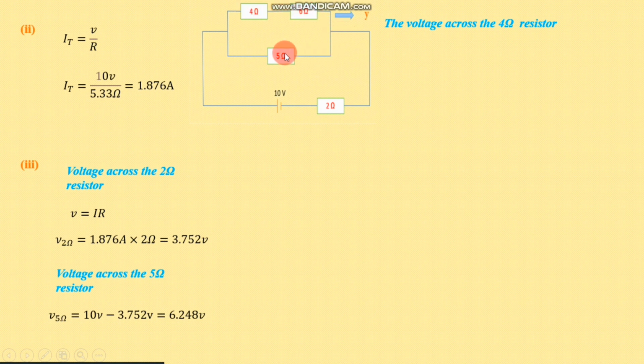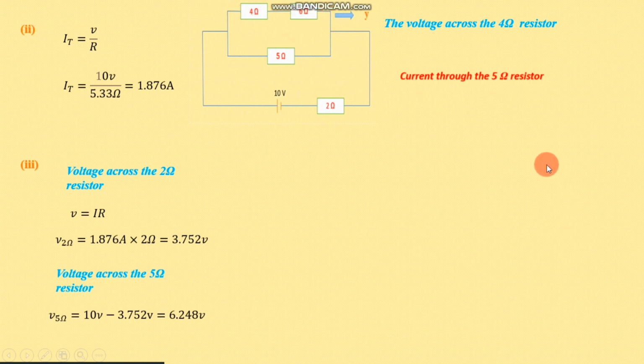When they are in parallel, the current is different. It is the voltage that is the same, but when they are in series, the voltage is different, but current is the same. That means that if we get the current of the 5 ohm, we can subtract it from the total current to get the current flowing at this point.